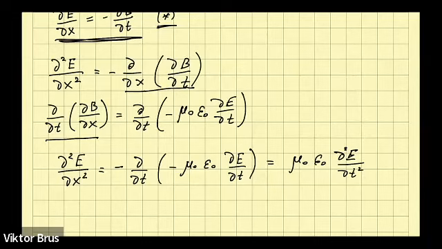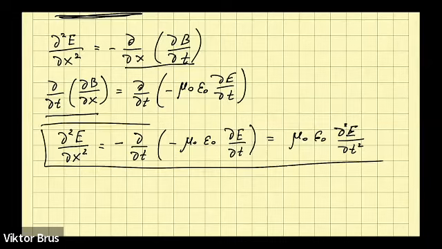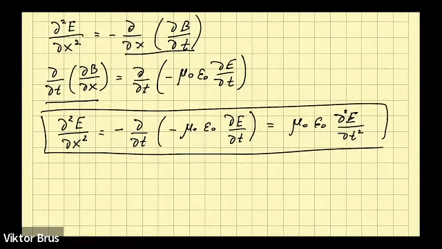So this we keep in mind already. In the same manner, we can do one more operation, when we take the derivative of the second equation, double prime, with respect to x, and combine this with the derivative of the first equation, just prime, over time.